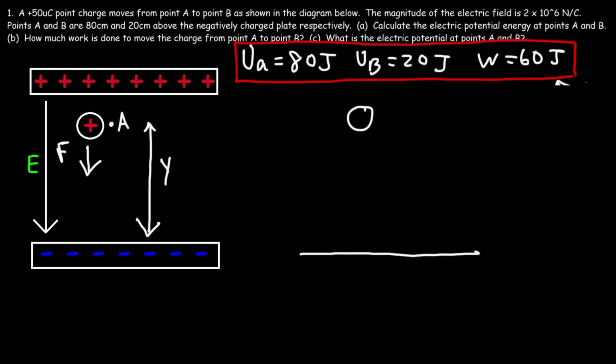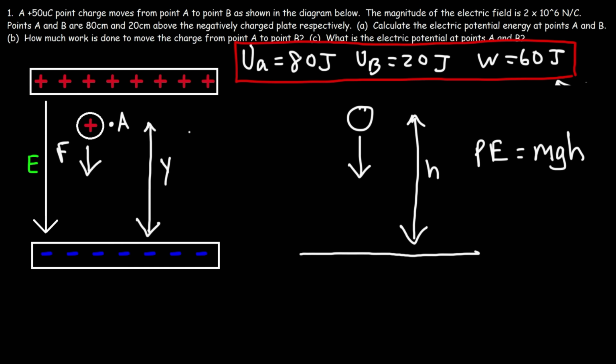Now, when we analyze an object that could fall under the influence of gravity, the gravitational potential energy is also dependent on the height. The gravitational potential energy is equal to the mass times the gravitational acceleration times the height. The electric potential energy is equal to the charge times the electric field times the height.